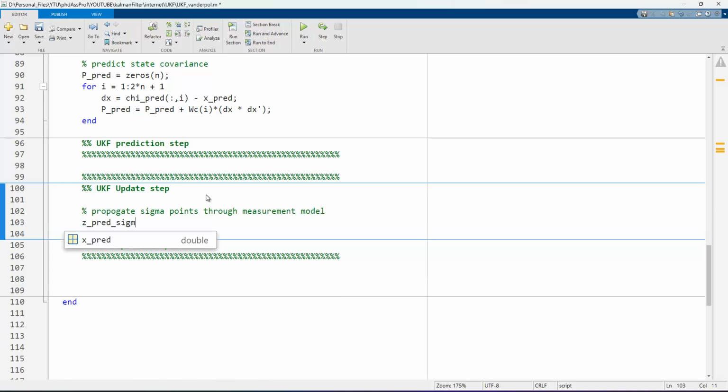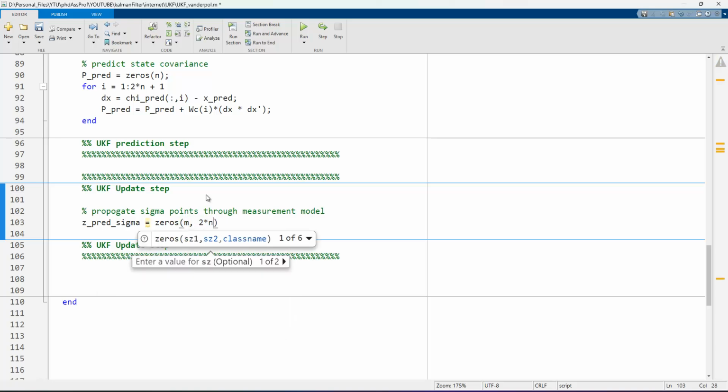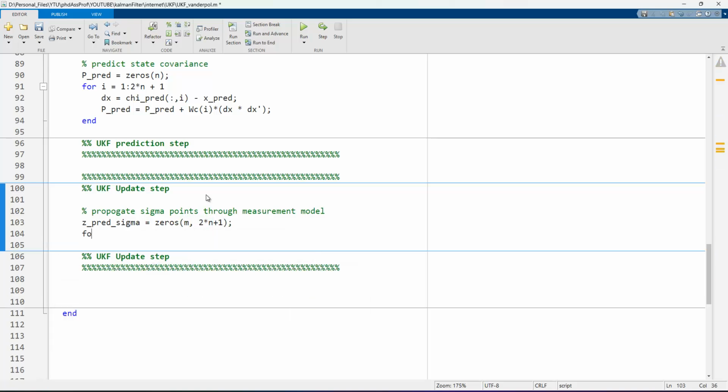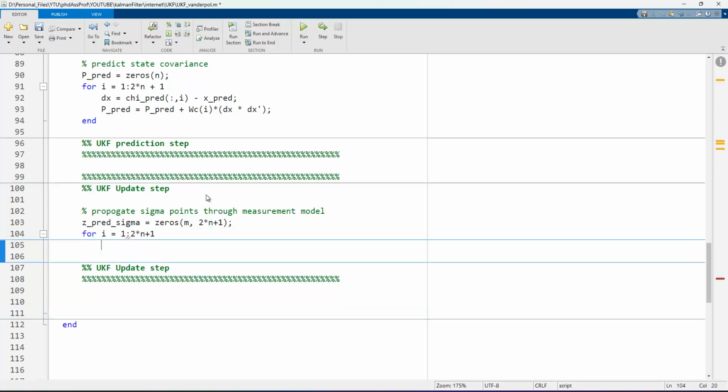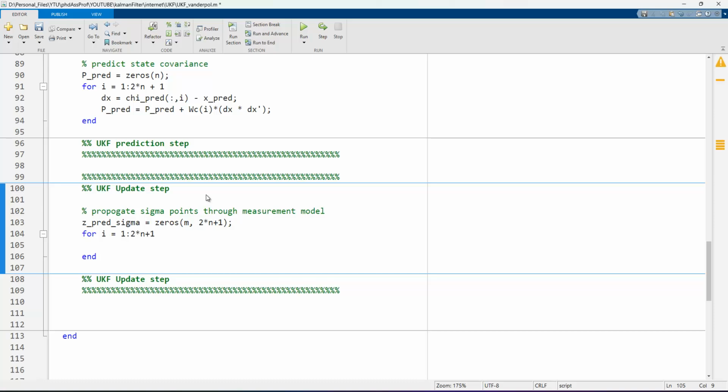Z pred sigma values, the zeros m, 2n plus 1, okay? So for i is equal to 1 to 2n plus 1, and so Z pred sigma value i is equal to what? The chi pred 1 i, right?